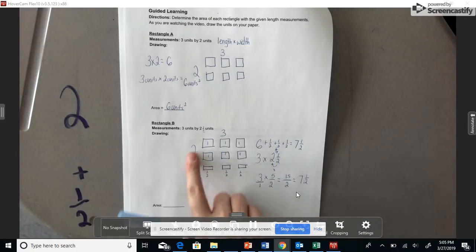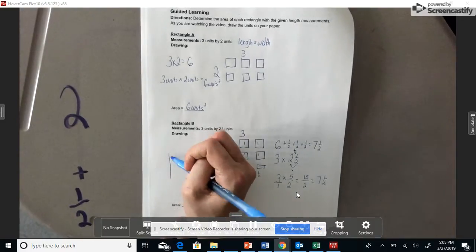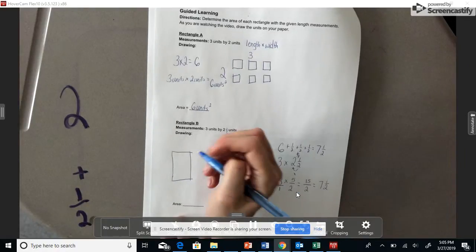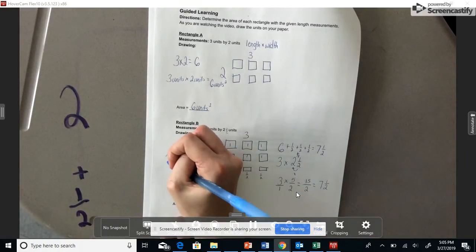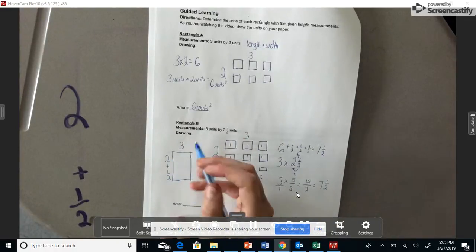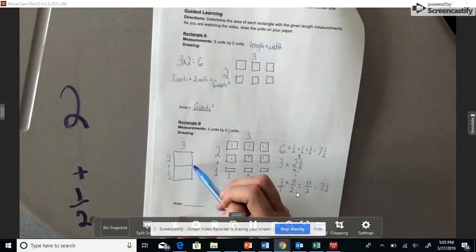This is really similar to just doing the area model that we had talked about before in class, where we had the 3 up here, and then the 2.5 we write in expanded form. The reason we call it the area model is because we're literally finding the area of this rectangle.